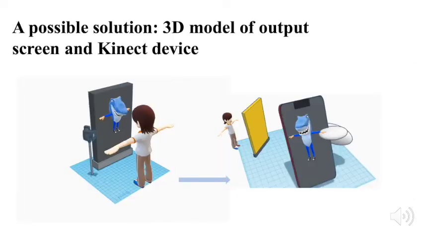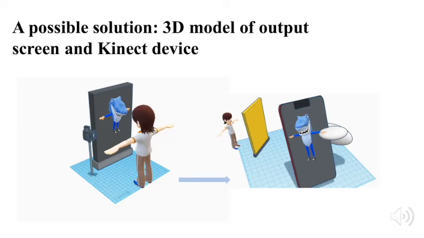In this group work, we built a prototype based on group member Ray's idea, which is a 3D model output screen and a Kinect device, which can increase the interactivity between the visitors and the items. The prototype contains three parts.